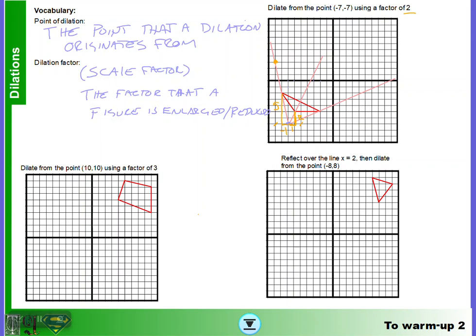All right. 2 times 2 is 4. So I'm going to go over 2 and up 4. Oh, look. That point's right on my projection line. So right now, I would like you to locate the third point.